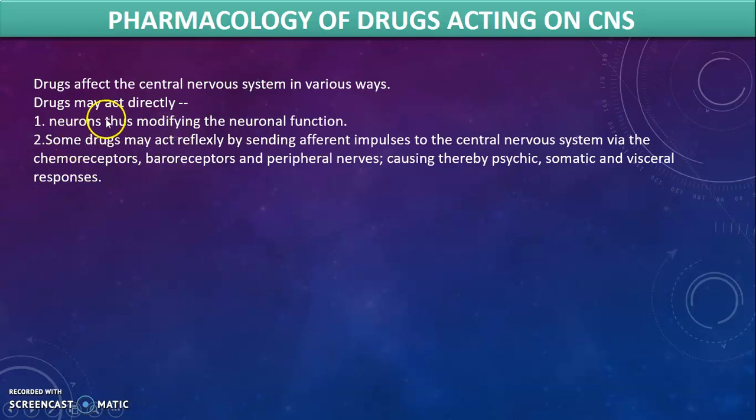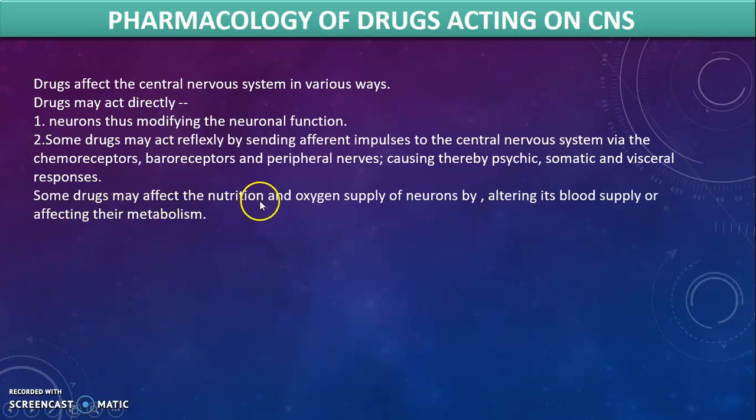So various drugs act on the central nervous system by two modes: first by modifying neuronal function, and second by sending reflexes via chemoreceptors, baroreceptors, and peripheral nerves.